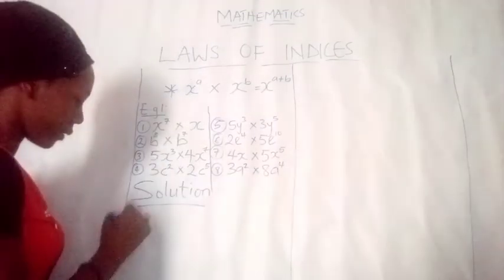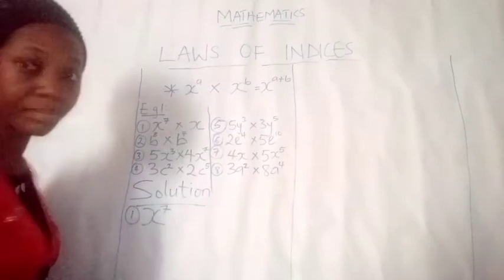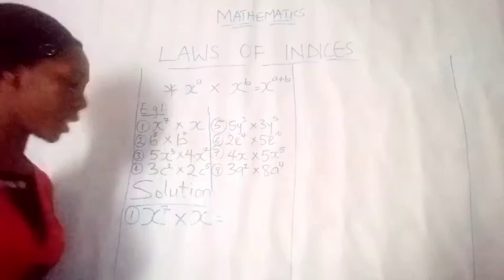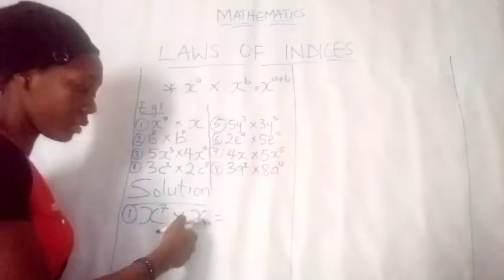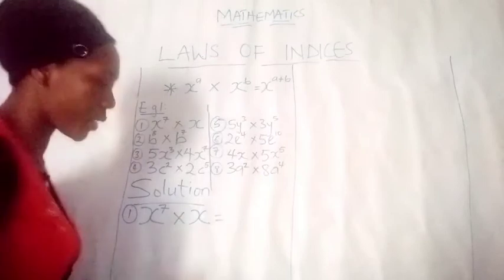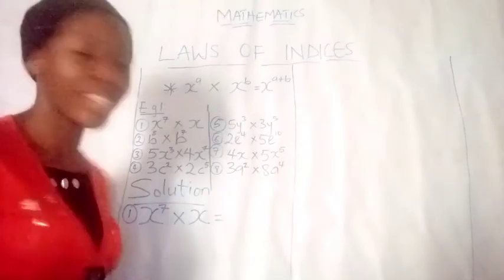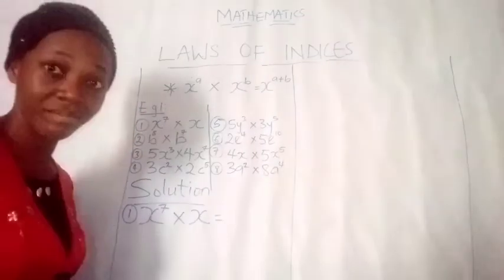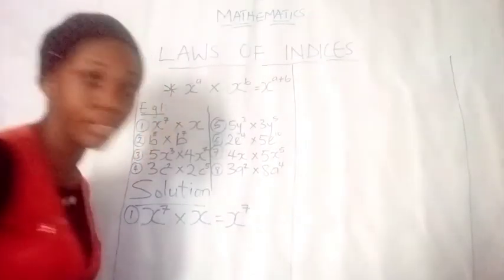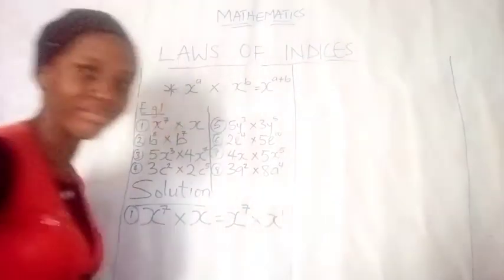Solution number 1, we have this question: x raised to the power 7 times x. If you look at this question very well, this other one is not carrying a power. If it's not carrying any power that you can see, as a mathematician, there is a 1 here. So we write it as x raised to the power 7 times x raised to the power 1.